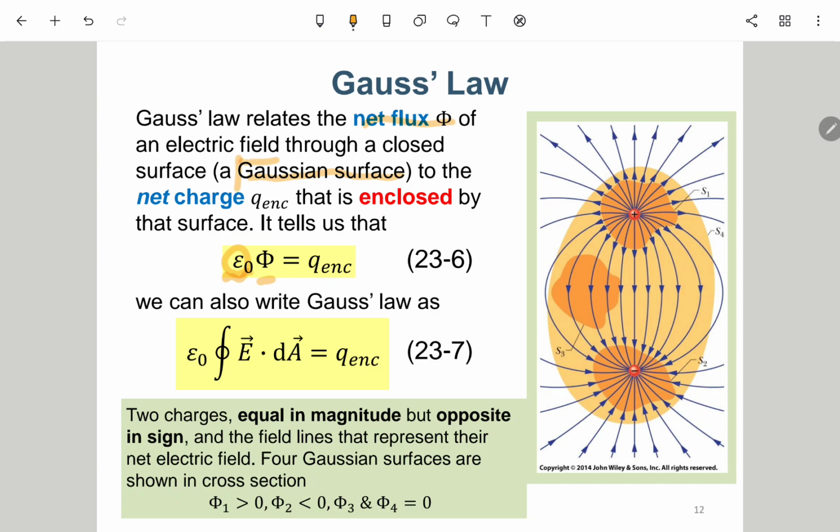Of course, you need to define a Gaussian surface first, and then you apply the Gauss law to this Gaussian surface. So for a given Gaussian surface, you can of course calculate the net flux, and this is the phi here. Okay, so here it tells you that on the left side epsilon naught is a constant multiplied by this phi, which will be the charge enclosed by this Gaussian surface.